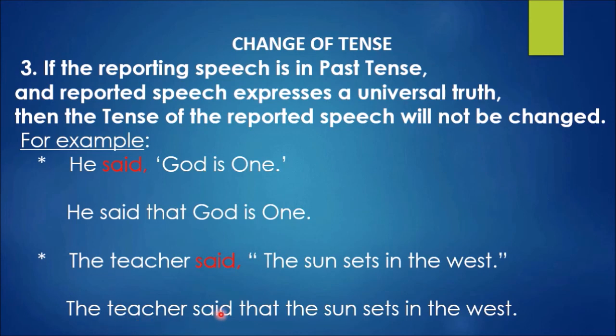We remove the inverted commas. We use that to join the two speeches. We did not change the tense because it is a universal truth. The teacher said that the sun sets in the west.